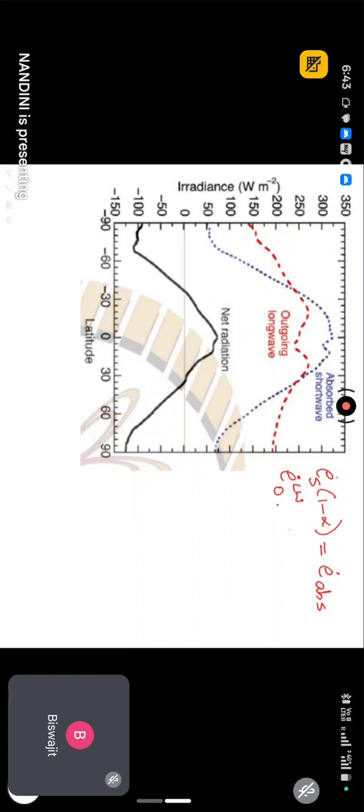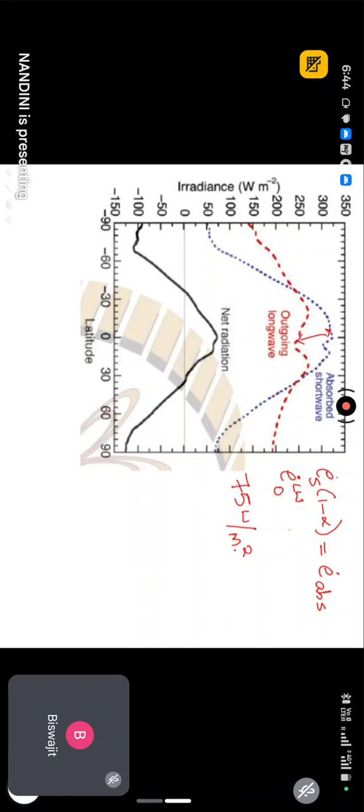As you can see, the x-axis is latitude and the y-axis is the energy in watts per meter square. Over the equatorial regions, there is a net positive radiative flux of around 75 watt per meter square. If you take the difference, absorbed minus outgoing is positive.